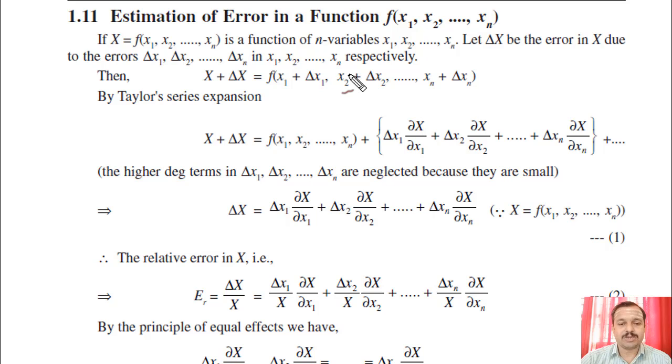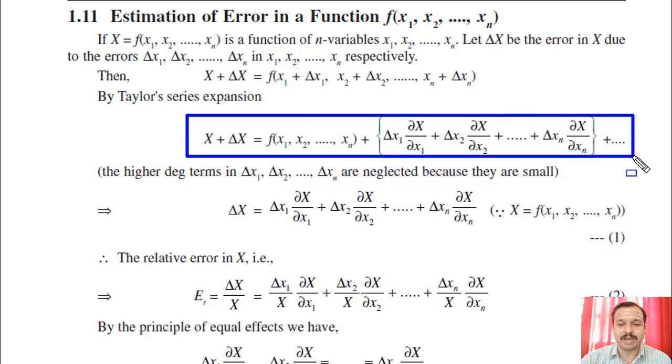Now we can expand this using the Taylor series. We know the Taylor series expansion for a function of several independent variables, so we are using it here. This is an important step, please try to remember this. So we are expanding this function x plus delta x using the Taylor series, and when we expand it, it looks like this.